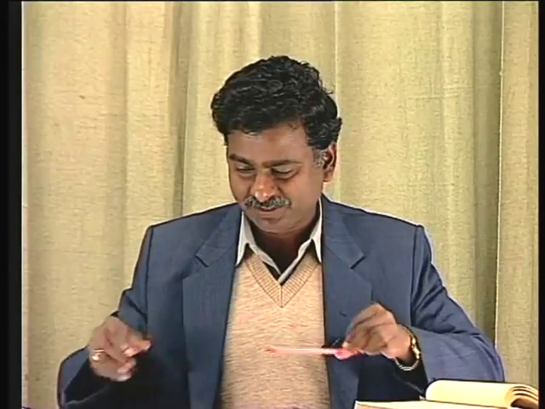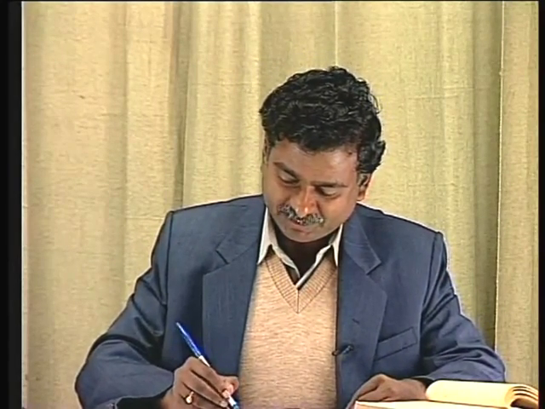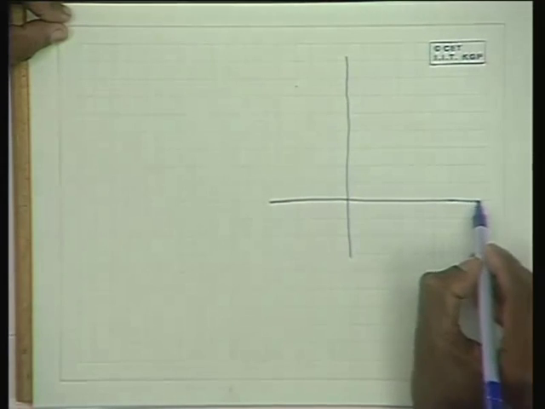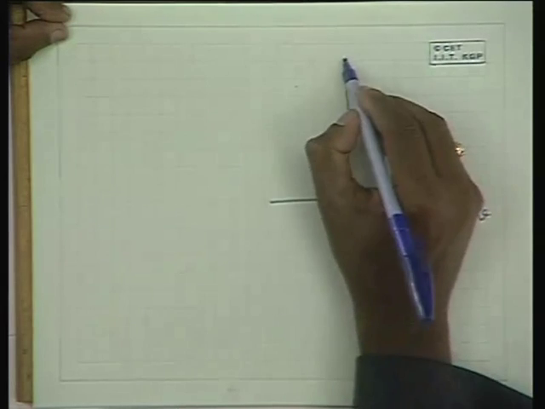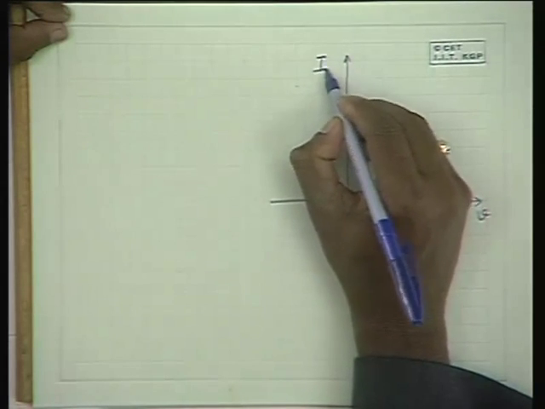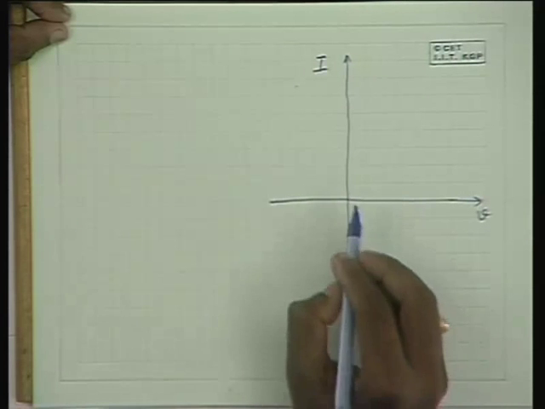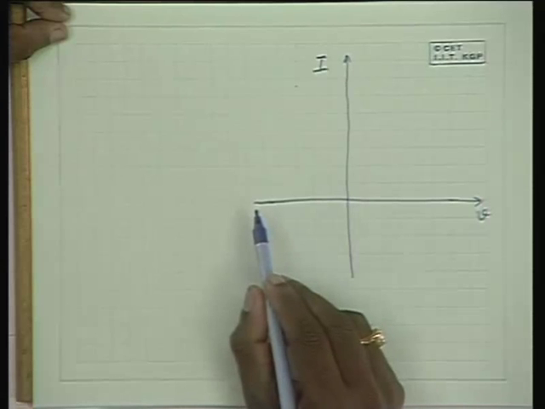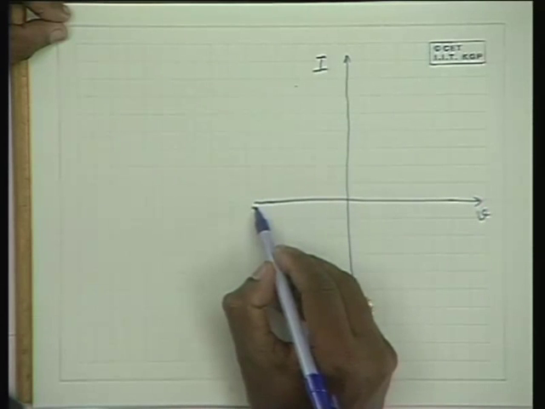So this is what happens when you have the reverse potential applied. Now, if you look at the volt-ampere characteristics of this device for reverse potential, representing the voltage on the x-axis and current on the y-axis, with increased negative voltage the current is almost constant.